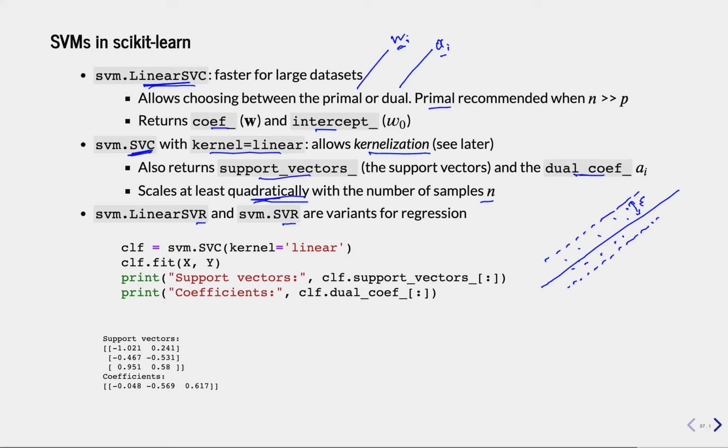And every point within this margin gets 0 loss, and every point outside this margin gets a larger loss. This is an example of running SVM. So we load it, choose the kernel, we fit it, and then we can look at the support vectors and the coefficients for each support vector.